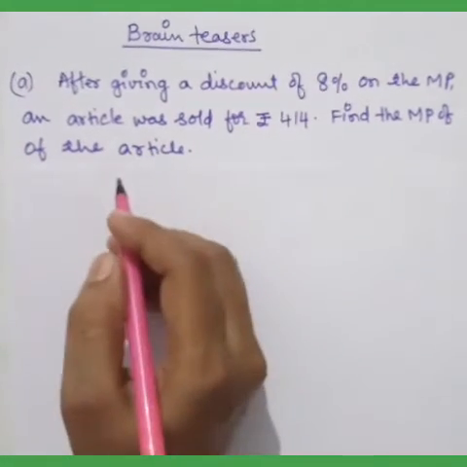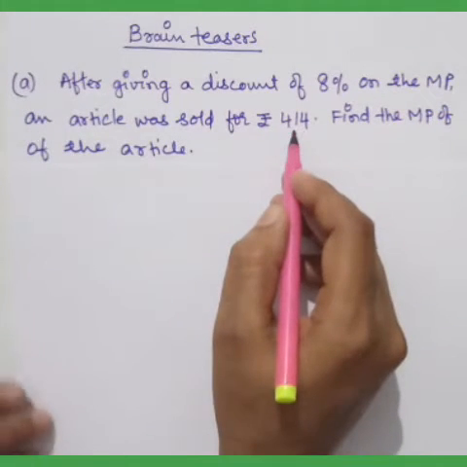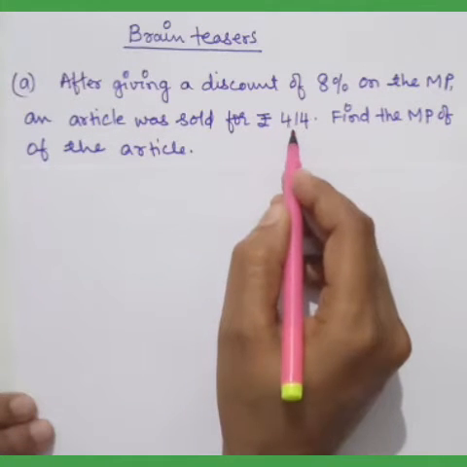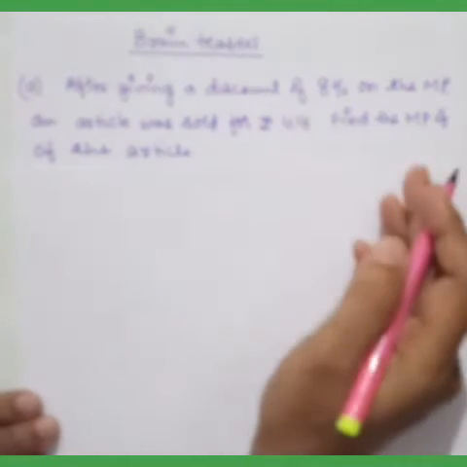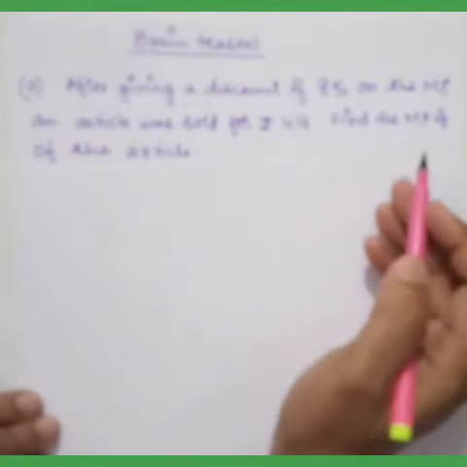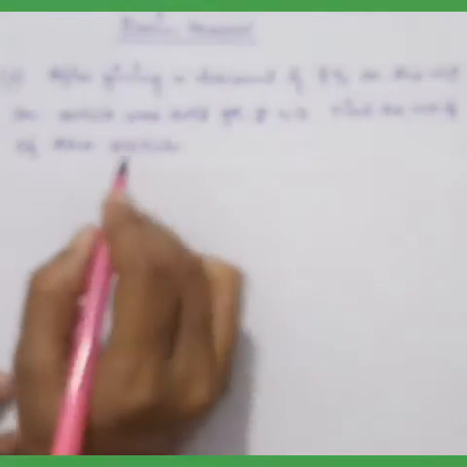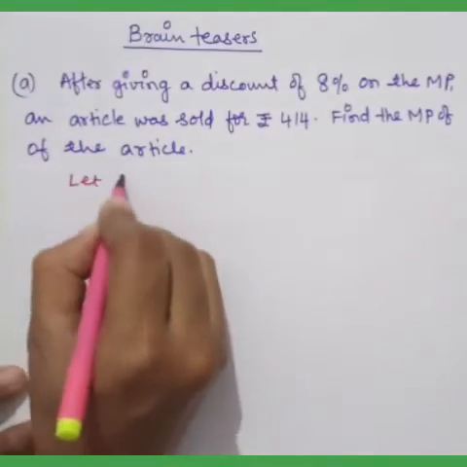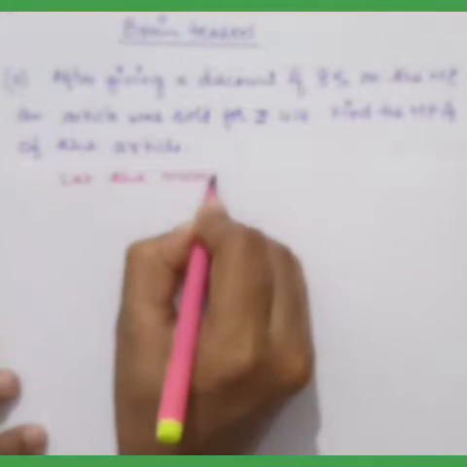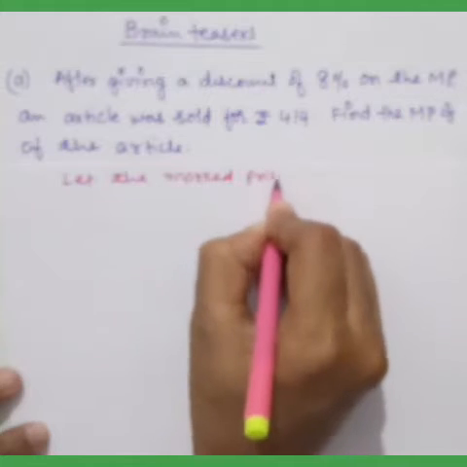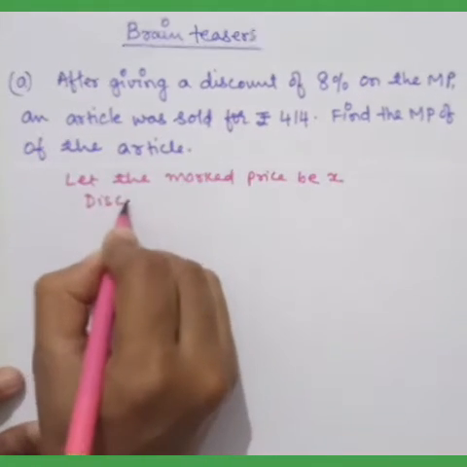So, here the MP is not given, but the selling price is given, that is rupees 414. The article was sold for rupees 414. So SP is 414. Whatever we don't know, let us take it as X. Let the marked price be X. Now discount percent is how much?